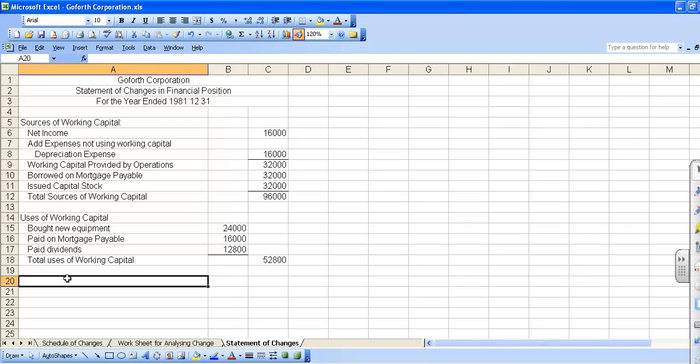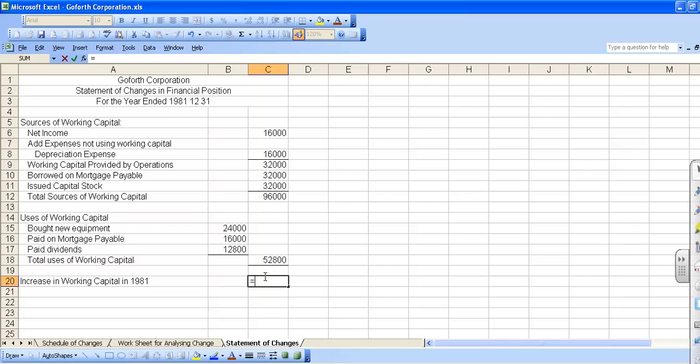And the last thing we're going to have is our increase in working capital in 1981. We're going to subtract those two numbers.